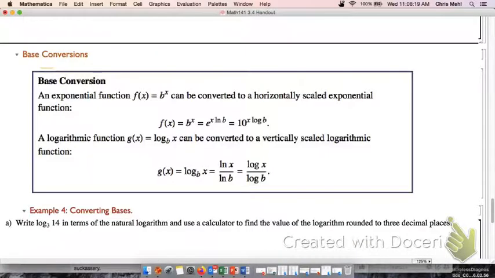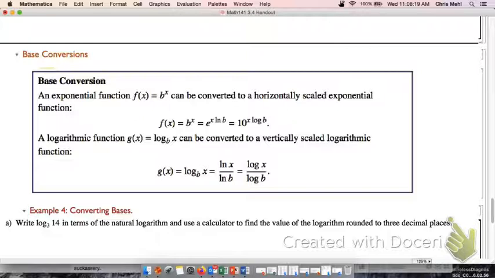Okay, now lastly is to cover what are called base conversions, and what these are really saying is that any exponential function or logarithmic function can be rewritten either in terms of base e or base 10. Now I'll show you the first one here.